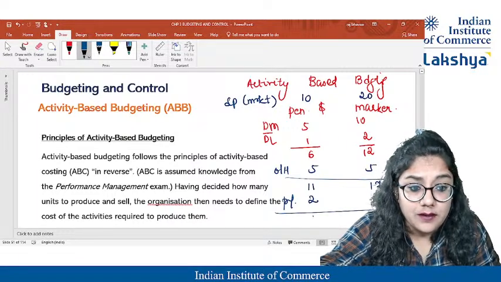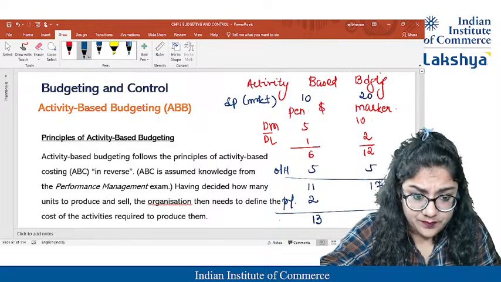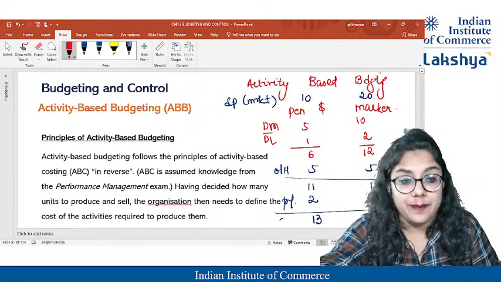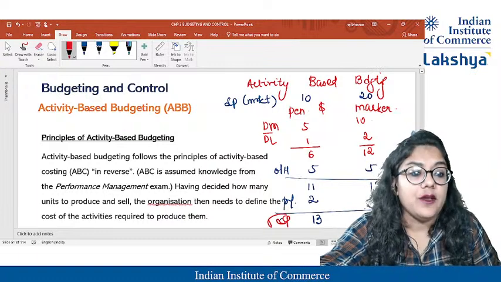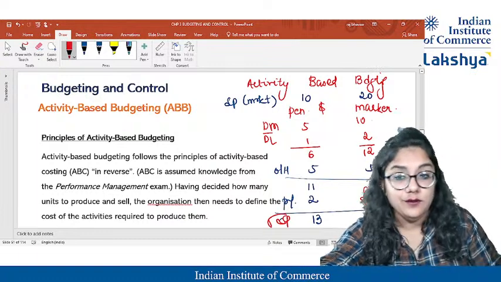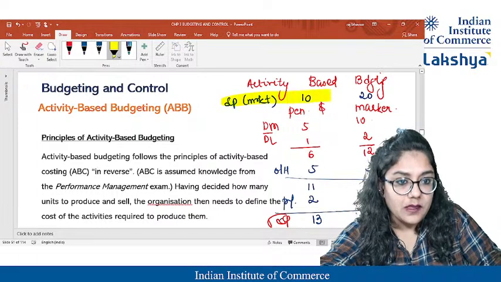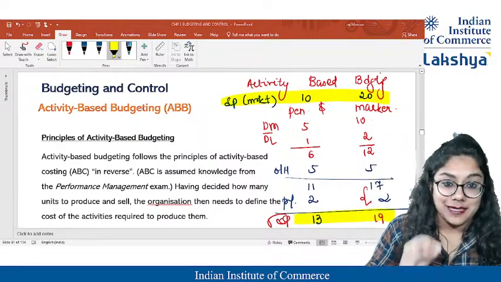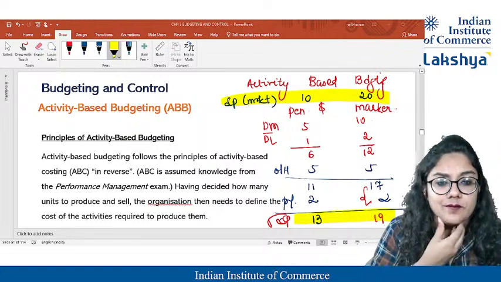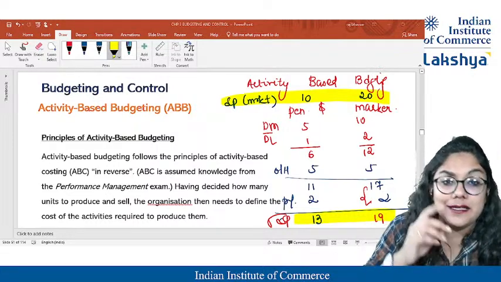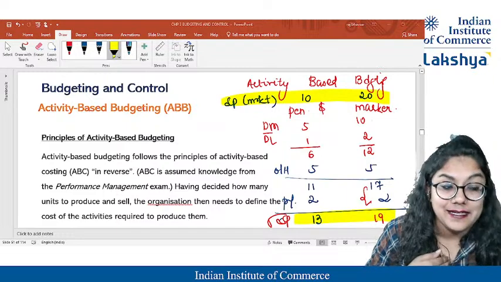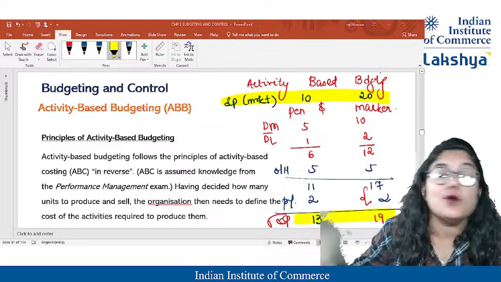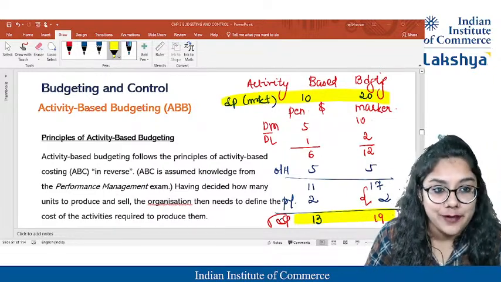So my company's selling price will be 30 for pen, and for marker I can sell it at 19. In the market marker is sold at 20, I can sell it at 19, so people will purchase so many markers from me because they get it at a cheaper price.